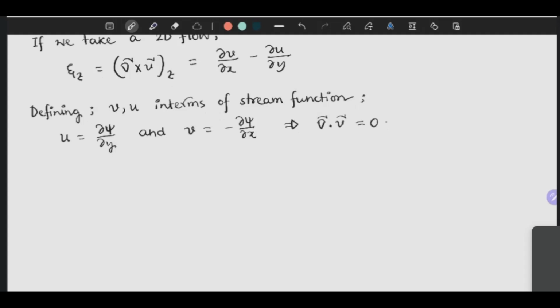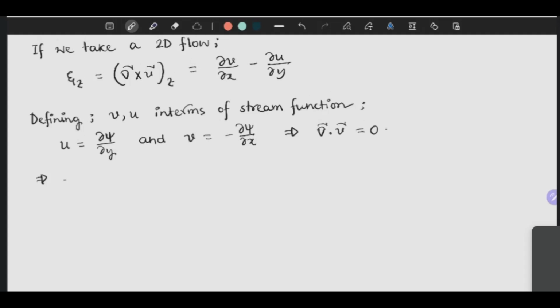So from here it follows that the z component of vorticity is equal to del v del x. Okay, so psi is a scalar function of x and y.